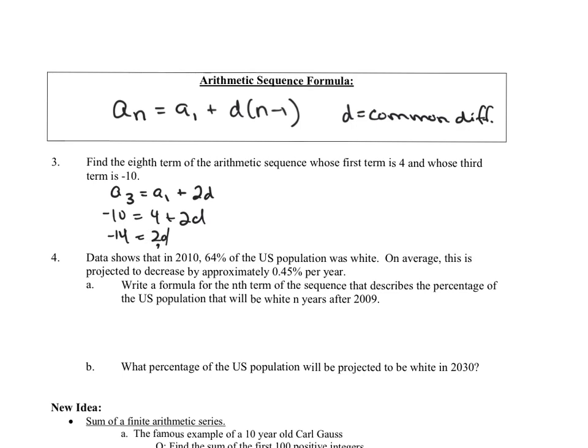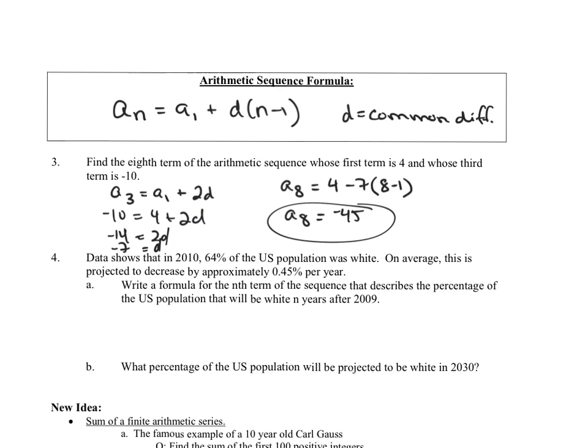Solving for d, we get that d is negative 7. Then to find the 8th term, we plug in our first term, we subtract 7 times 8 minus 1 because our n value is 8, and our 8th term is negative 45.